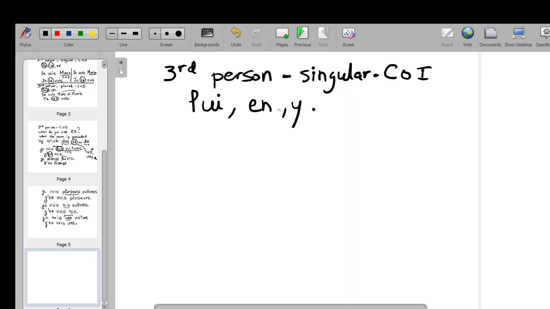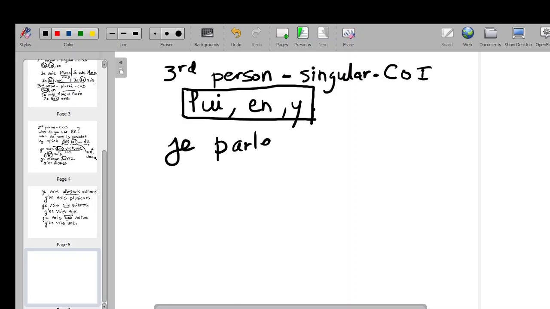So let's try an example. So for lui, for instance, je parle à ma mère. I speak to my mother. So this whole thing here is COI, it's third person, it's singular.